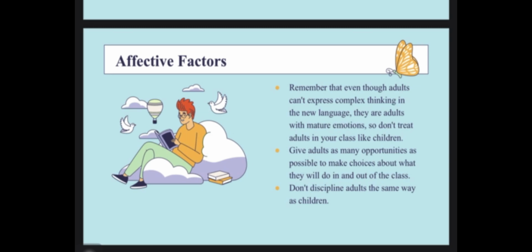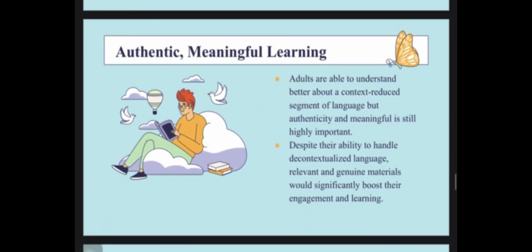Adults should be treated with respect. Unlike children, they do not require discipline in the same way. Allowing adults to make choices about topics or learning methods helps increase motivation and participation.